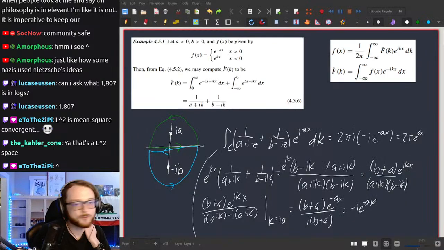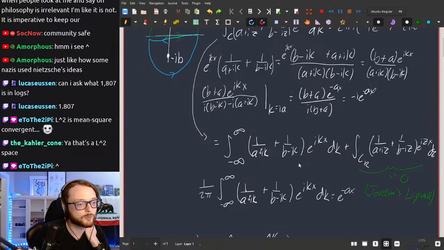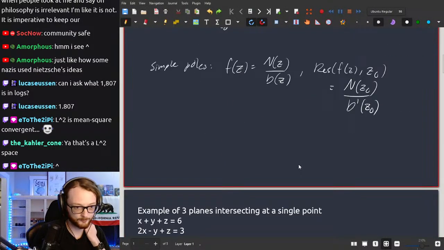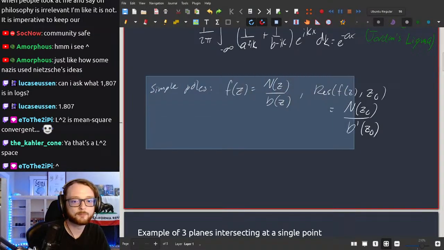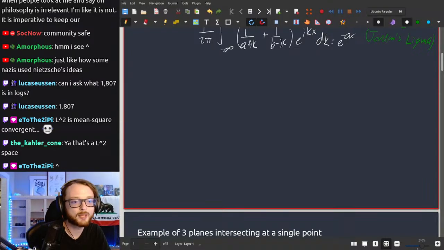So yeah, Lucas, I'm not sure what exactly you mean by 1807 in logs. For any base, like you could say 18. Oh wait, 1 point. I forgot. You're doing the European convention where a comma means a decimal.